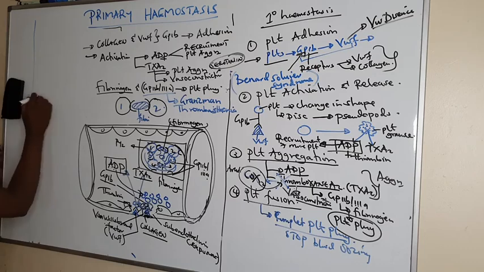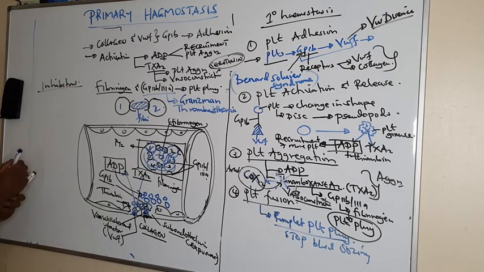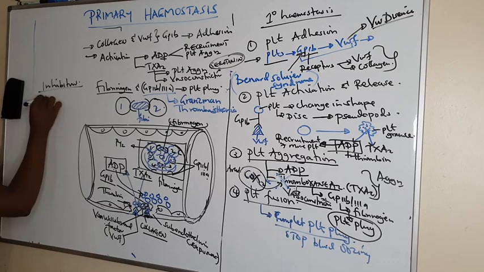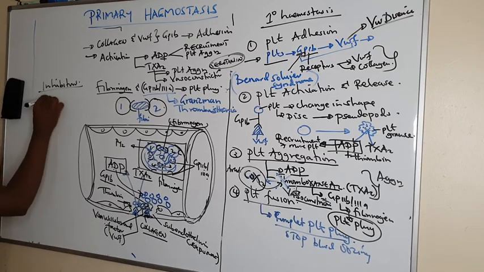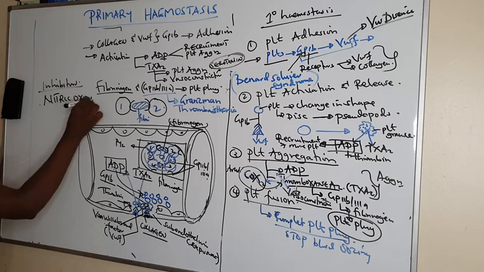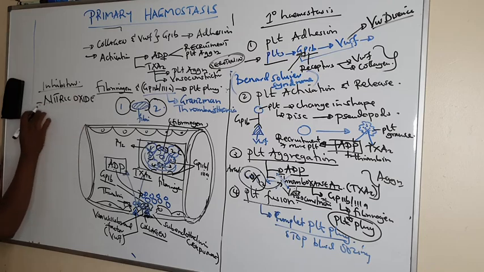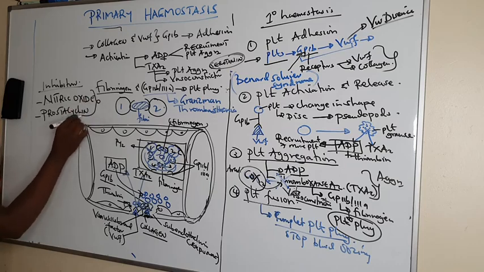The inhibitors of primary hemostasis include nitric oxide together with prostacyclin. So prostacyclin and nitric oxide, these guys are strong vasodilators.